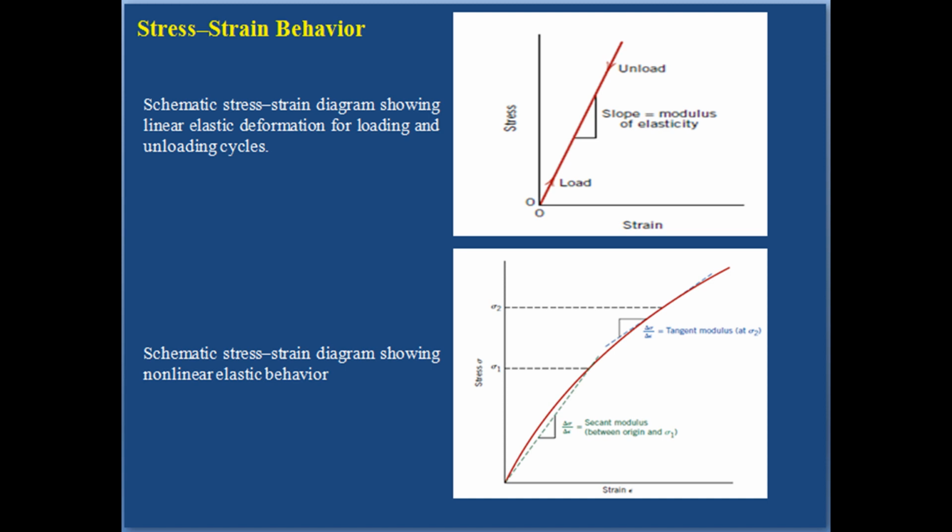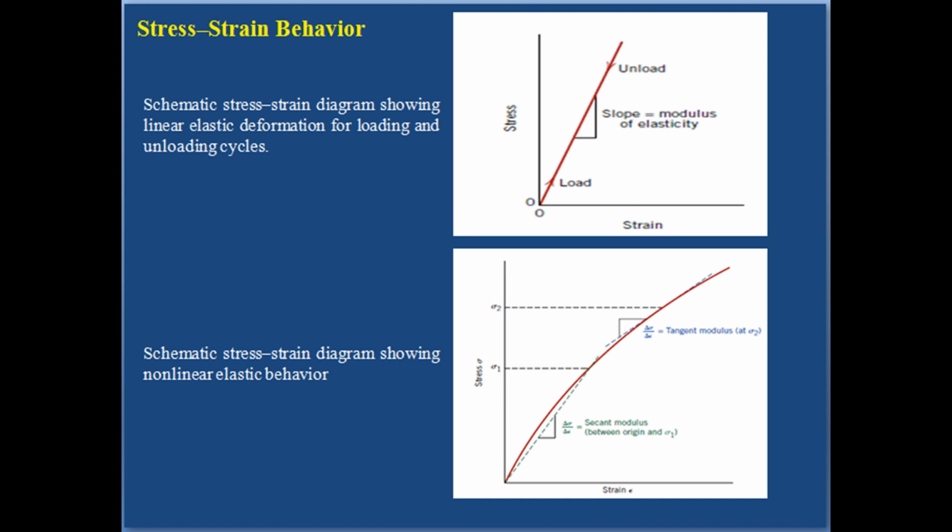The greater the modulus, the stiffer the material or the smaller the elastic strain that results from the application of a given stress. The modulus is an important design parameter used for computing elastic deflections.